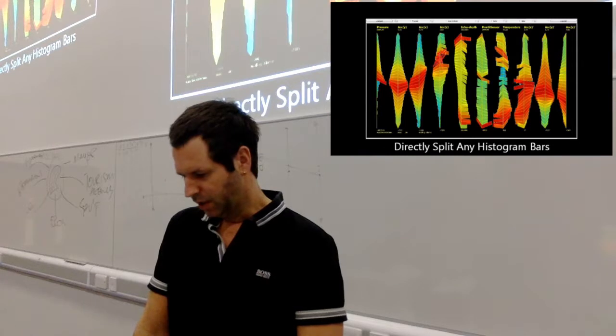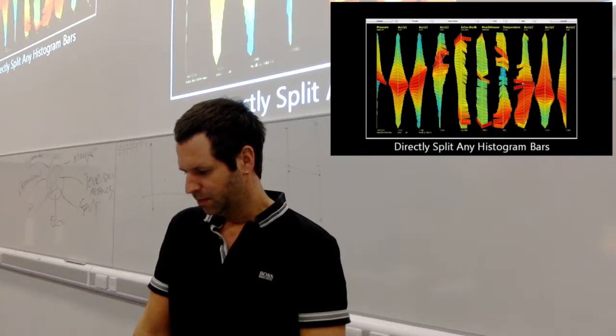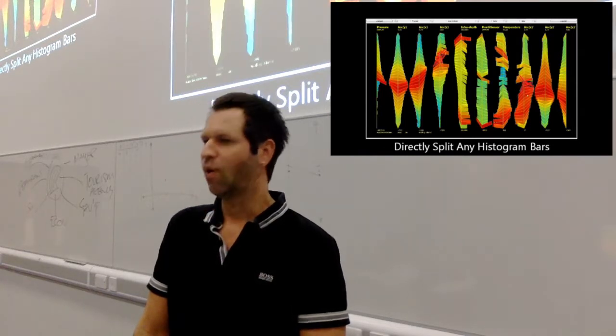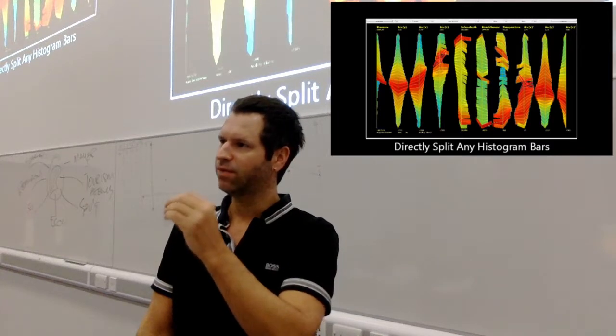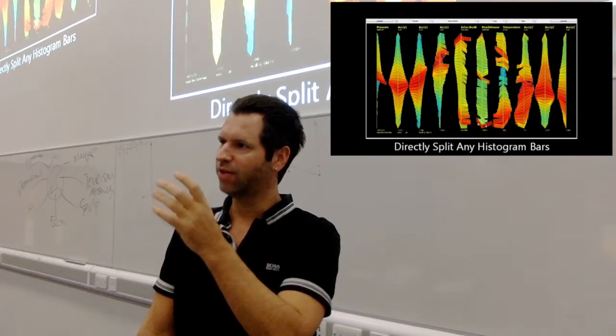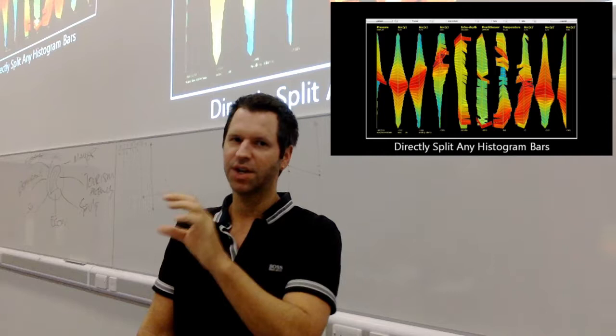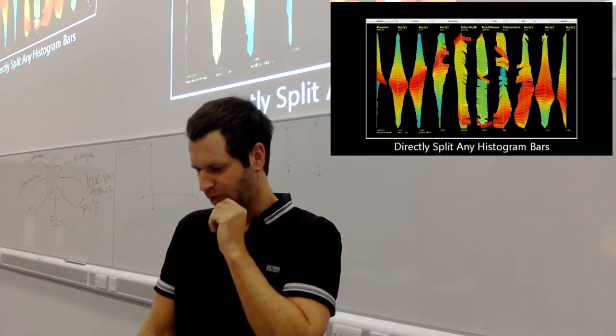You can click on any histogram bar and subdivide it in half, split it in half, to get a higher resolution representation of the data in that area. And that's what's happening now.